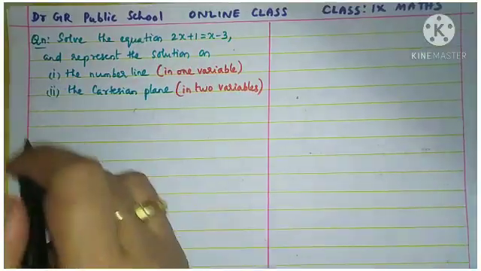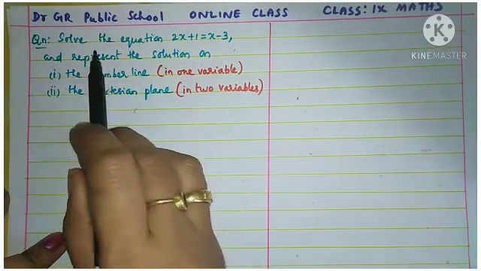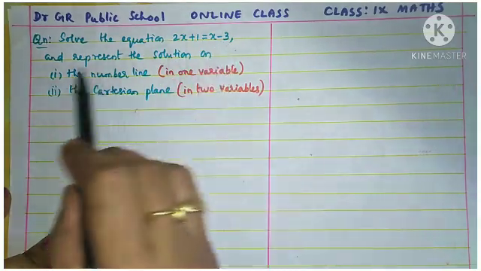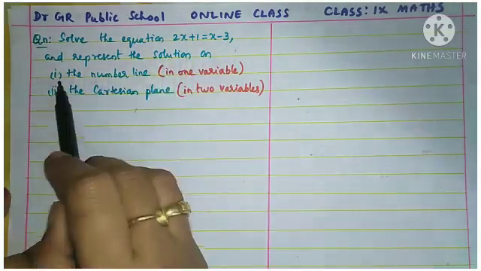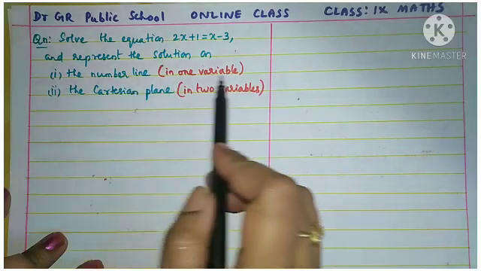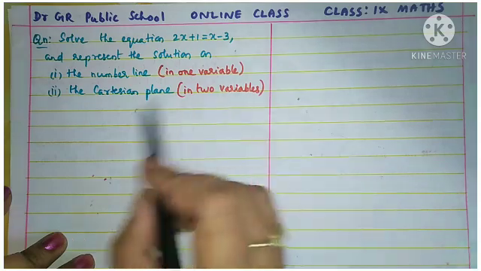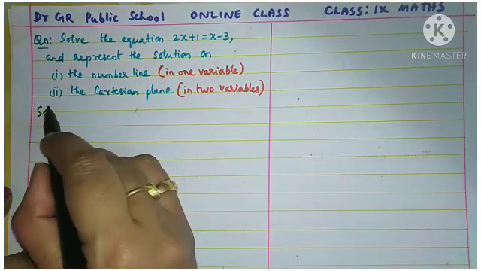Okay. Now listen, children, one example is there. Solve the equation 2x plus 1 equal to x minus 3 and represent the solution on the number line, that is in one variable, and on the Cartesian plane in two variables. Now you can see how we do the geometrical representation.